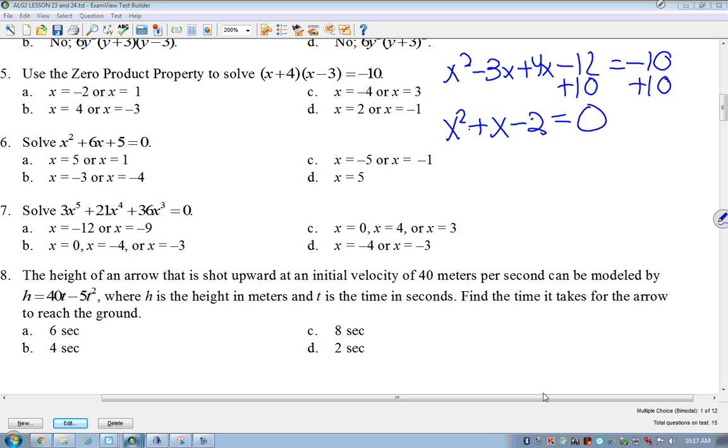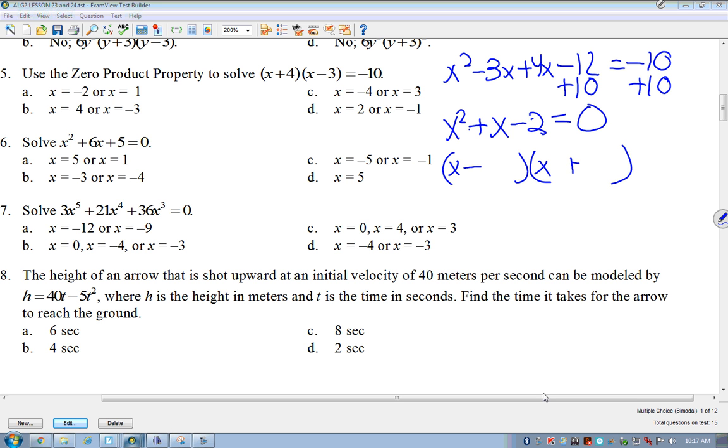Now can I factor this? I got plus minus. My coefficient is 1, so I have x and x. What signs do I use with a plus minus? A negative times a positive is a negative, so minus plus.